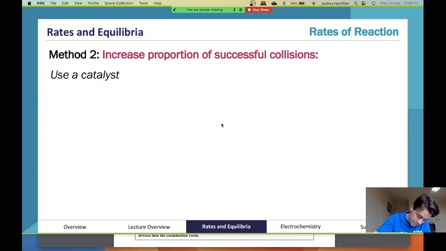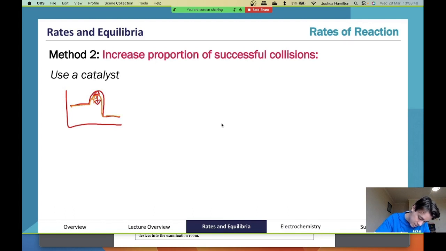Think about it like this. You have this graph again, and this was your activation energy. Same sort of thing, that green line was able to do it, the blue line wasn't. What if we said, all right, I put a catalyst in, and now the new line is this.